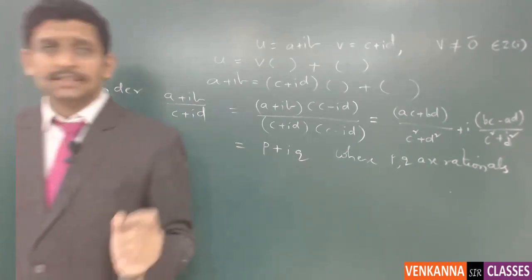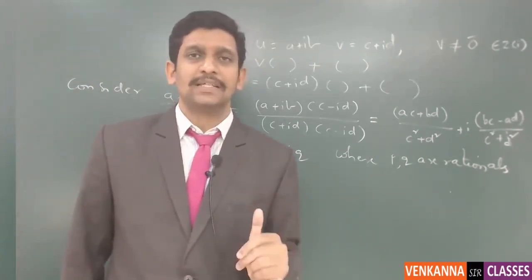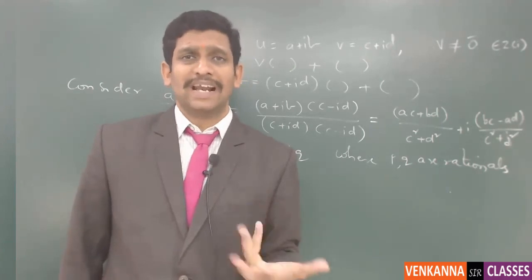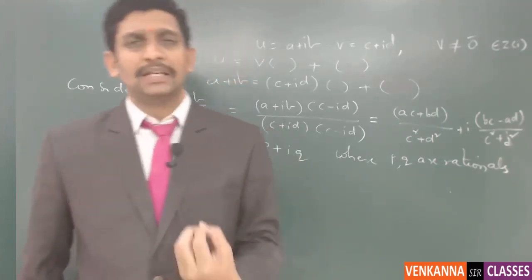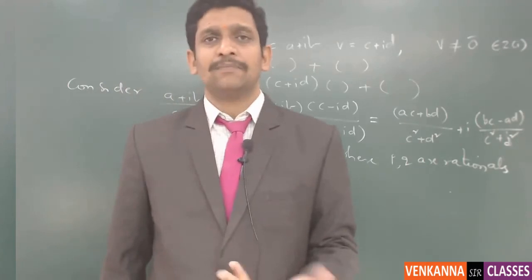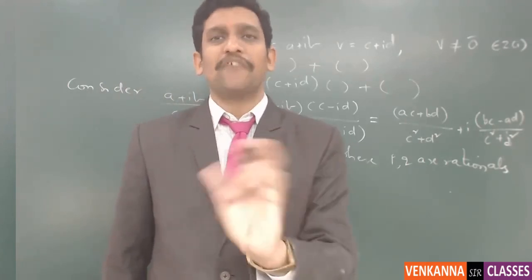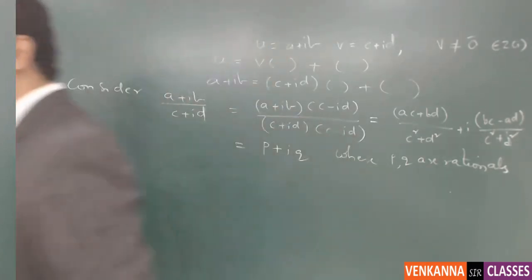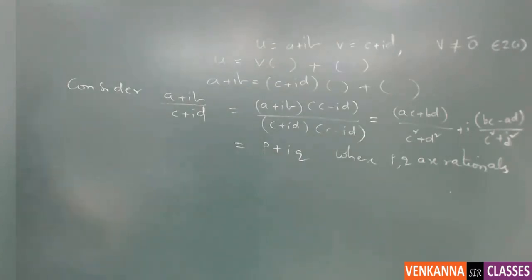Now the construction comes here. Whenever you take a rational number, you can represent it as the integer part plus the fractional part. I'll give a small example. Suppose we have taken the value 3.6.